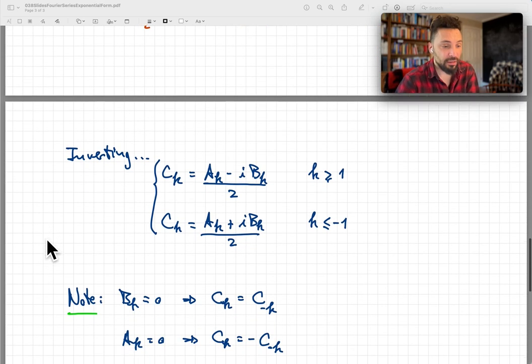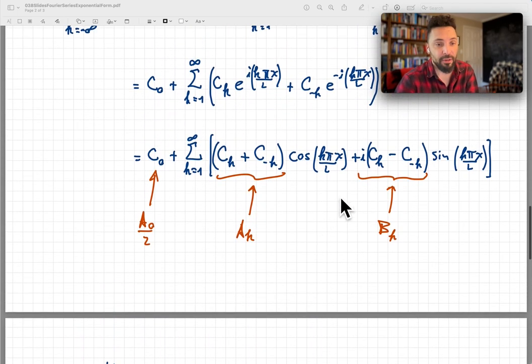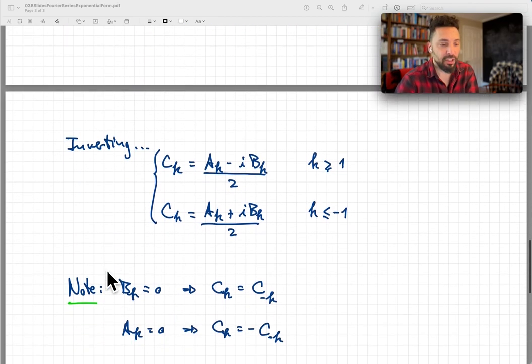Now you can tell, and this is interesting, that bk being equal to 0 means that the corresponding ck obeys this, that ck is equal to c of minus k. And this happens, for example, for all k if your function is even. If your function is even, then the sine part does not contribute, all the bk's are 0, and so it means that your ck's have to obey this property, that ck is equal to c of minus k. You can see that here. If this coefficient is bk, which we established, then if all these bk's have to be 0, then ck is equal to c of minus k, and that's true for even functions.